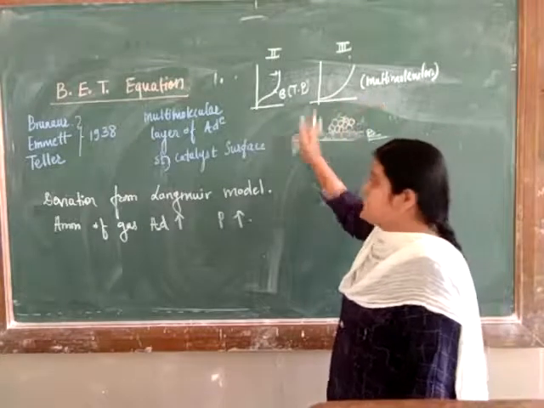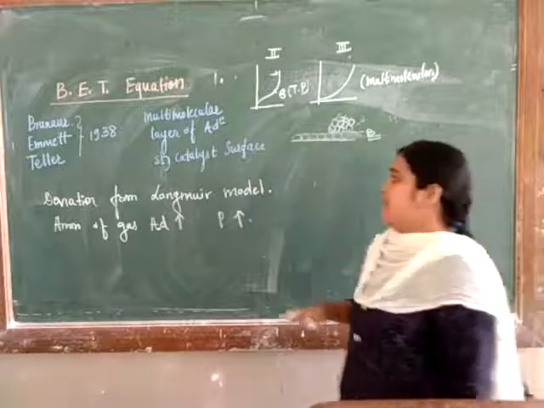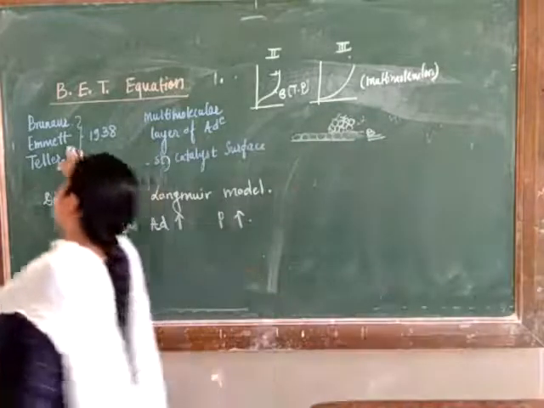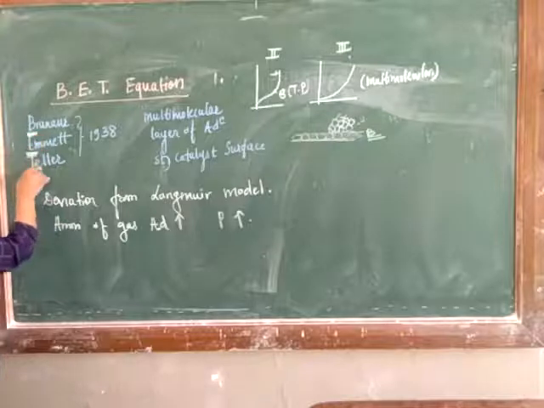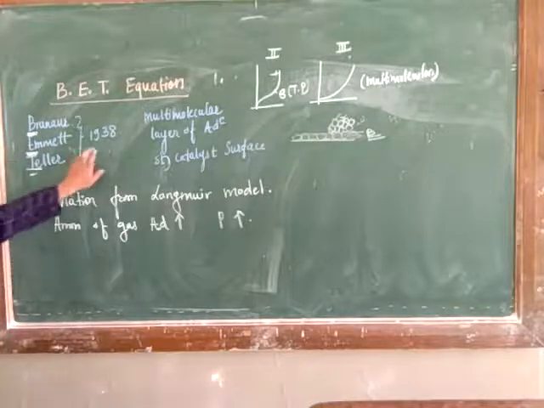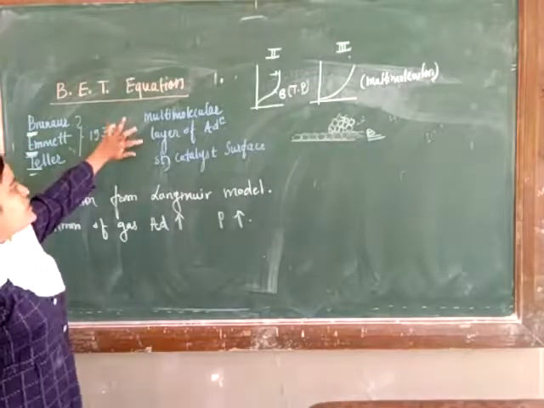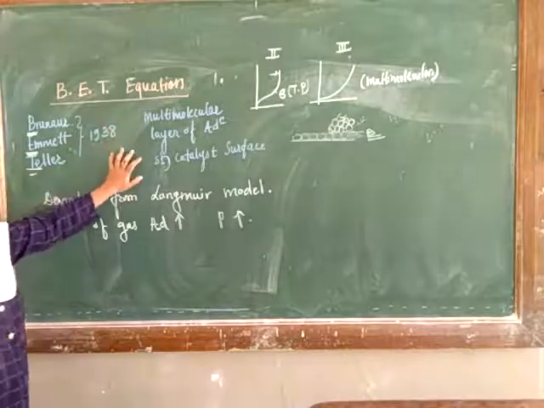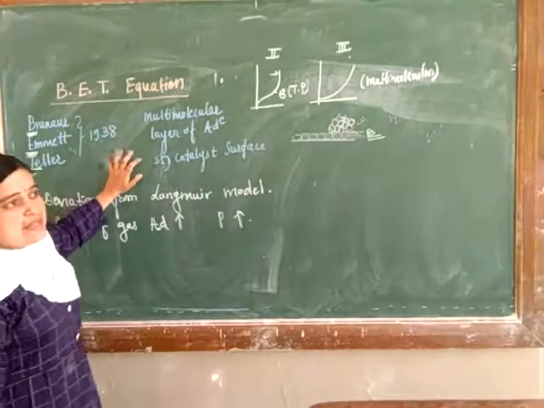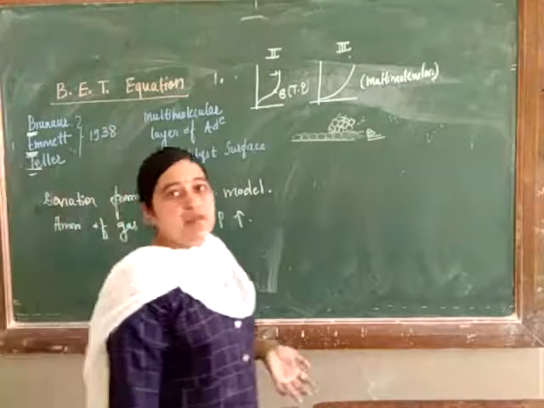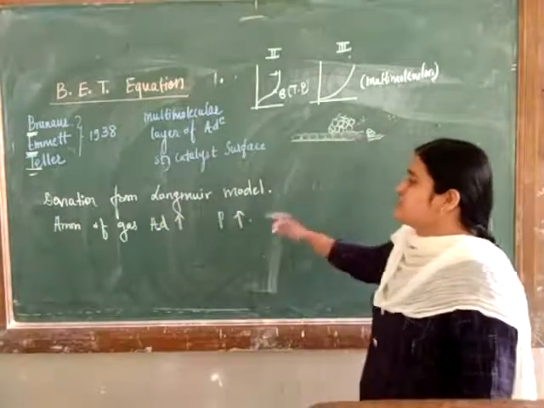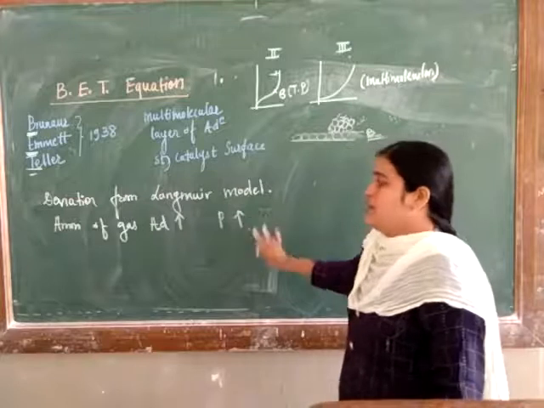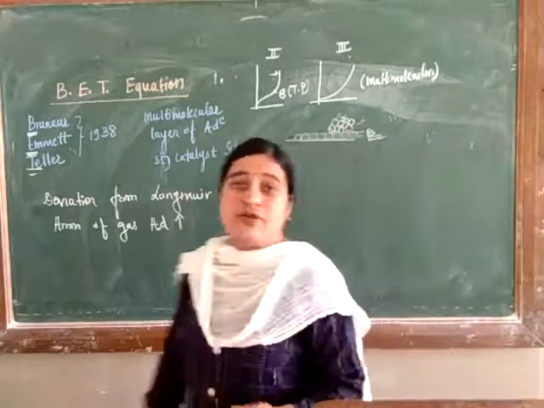Keeping this in mind, the 3 scientists Brunauer, Emmett and Teller, that is BET, in the year 1938 developed the theory of multimolecular layer adsorption on the catalytic surface, and they generated the postulates of that equation. Derived from the Langmuir adsorption model, it describes the amount of gas adsorbed when you increase the pressure.